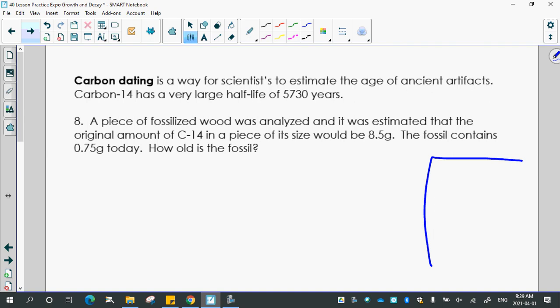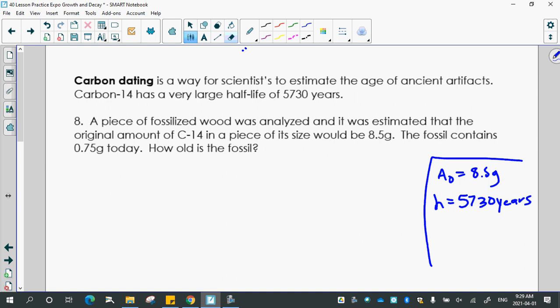So what things can we pick out of the question that were given? A sub 0, the amount that we started with, is 8.5 grams. Another piece of info we can pick out from the question: the half-life, H. So the half-life for carbon-14 is 5,730 years.